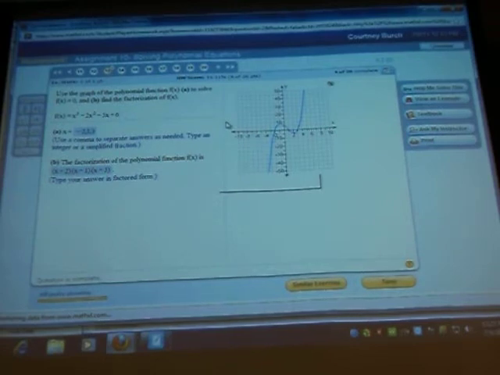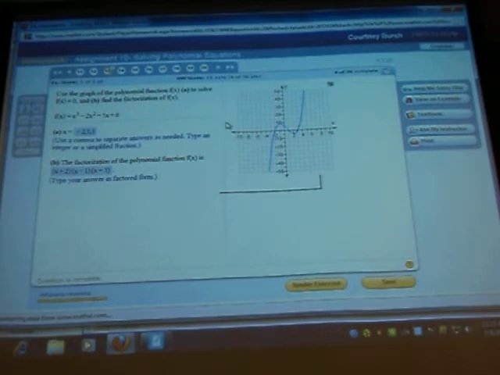Let me see if this works first. Yes. They want you to square it.